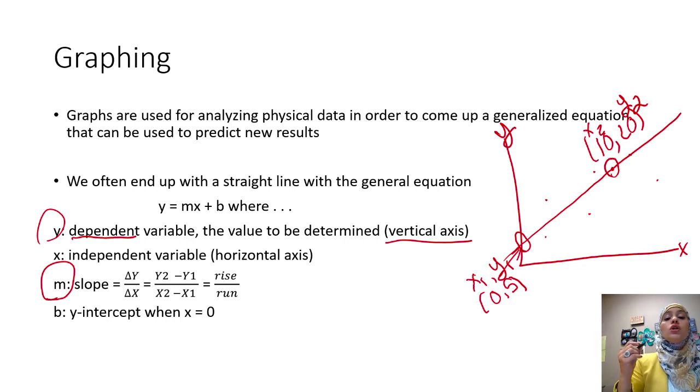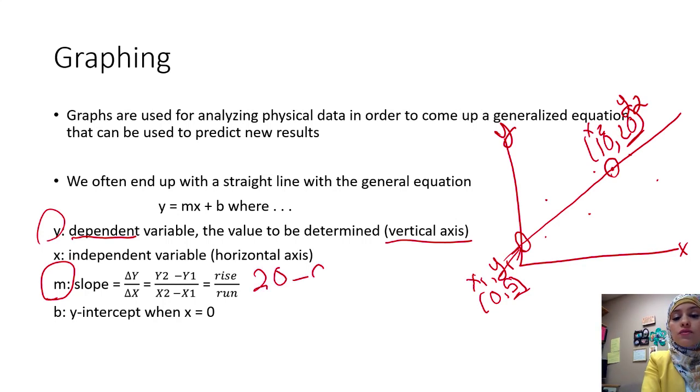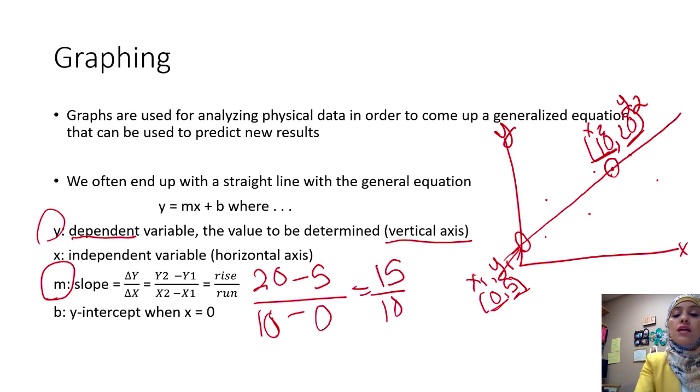When you're trying to figure out the slope, notice how we do y2 minus y1, so 20 minus 5, and then x2 minus x1, which is 10 minus 0. So this is 15 over 10, which is 1.5.